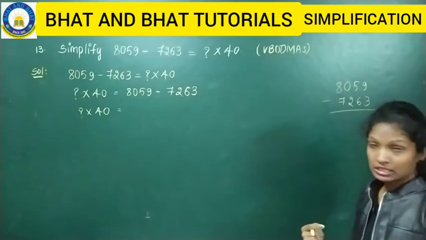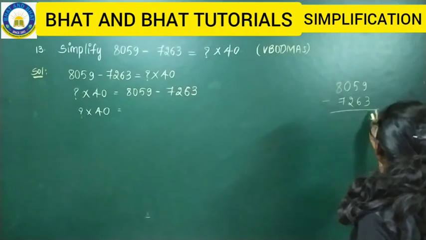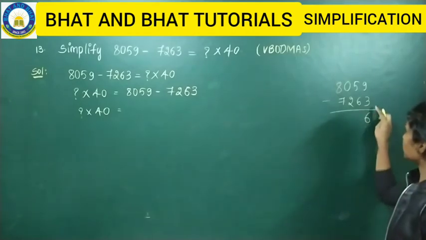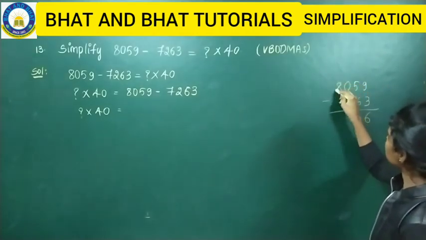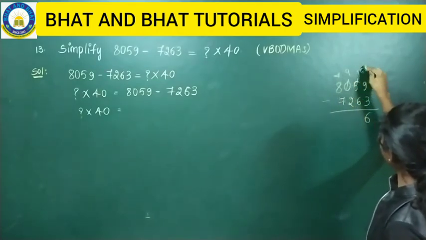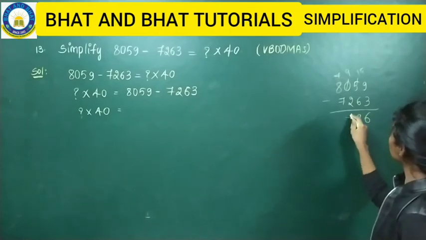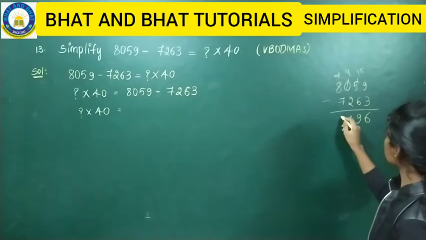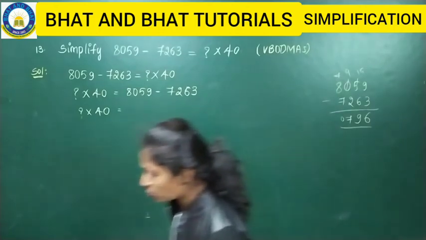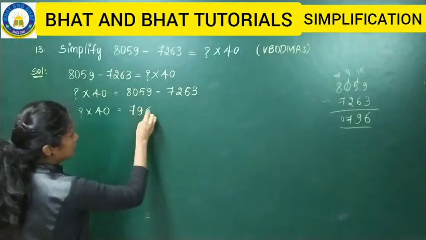So 9 minus 3, it is 6. 15 minus 6, it will be 9. 9 minus 2, it is 7. 7 minus 7, it is 0. So your answer now is 796.